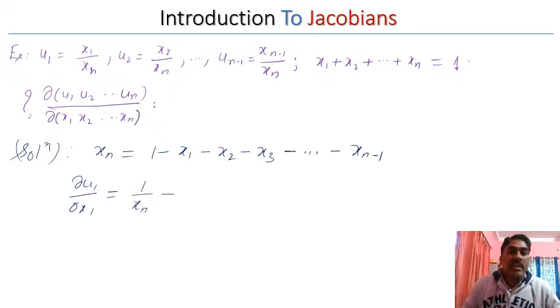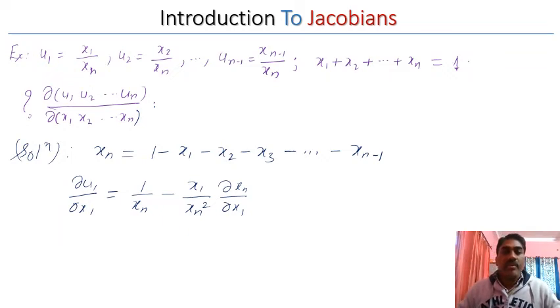Then you differentiate xn, so minus x1 by xn square times del xn by del x1. Del xn by del x1 is minus 1. So this will become 1 by xn plus x1 by xn square, or you can take 1 by xn square common, and this will become (x1 plus xn).